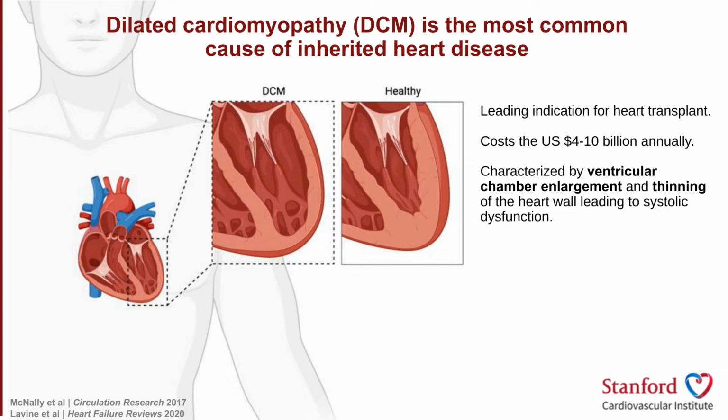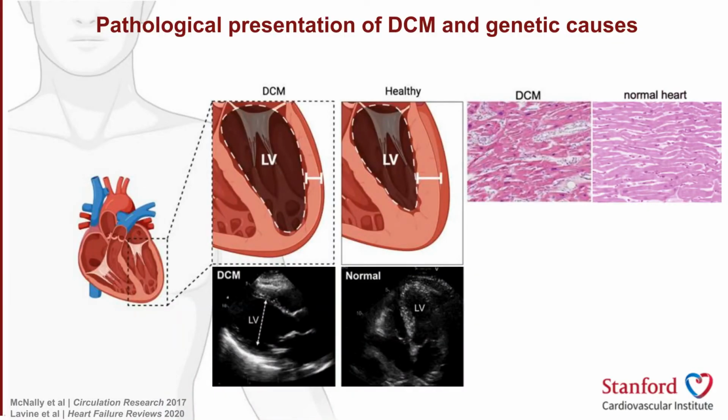DCM is characterized by ventricular chamber dilation or enlargement and thinning of the heart wall, as depicted by this schematic. Highlighting just the left ventricles, DCM can be clearly observed using ultrasound, as I'm showing here from patients. And furthermore, histological analysis of patient cardiac tissues reveals very striking changes at the cellular level between healthy and DCM patients.